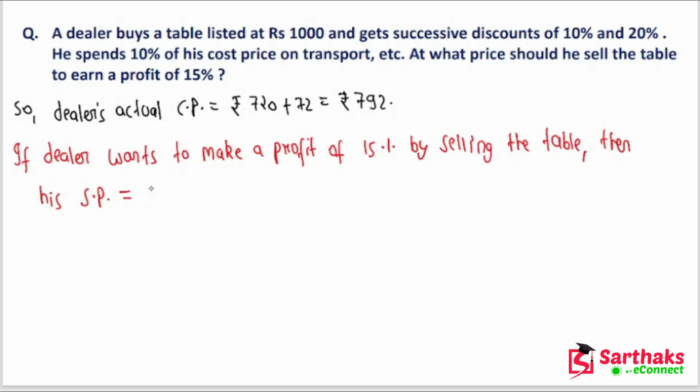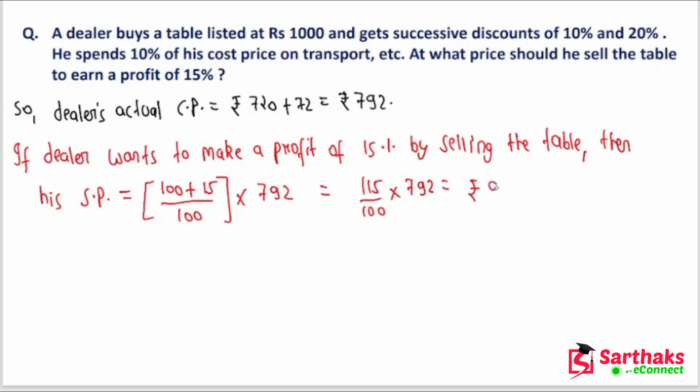So what is the formula? Selling price equals 100 plus profit percent, that is 15%, whole upon 100 into cost price, that is ₹792. So it would be 115 upon 100 into 792, and after calculating it we will get ₹910.80.